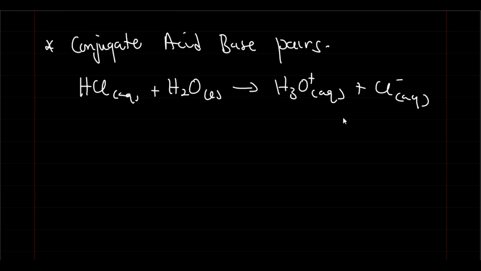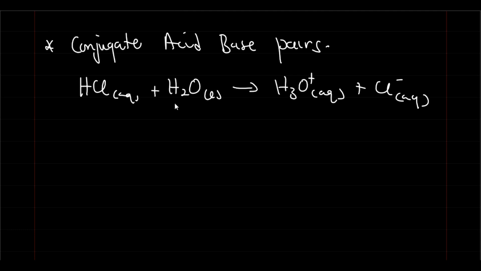So by the Lowry-Bronsted definition, what is an acid? An acid is a proton donor. Between HCl and water, which one is a strong acid? We know that HCl is a strong acid, right? And this time around, water is a base.